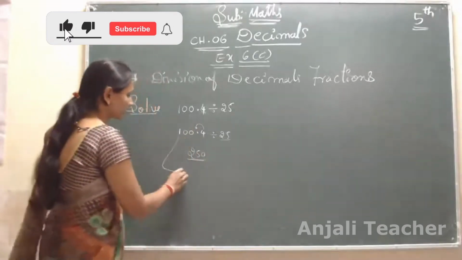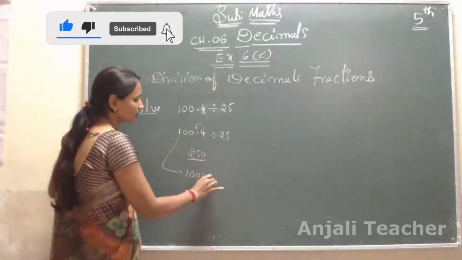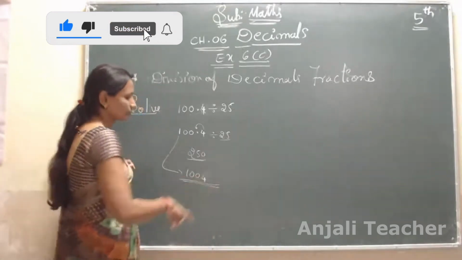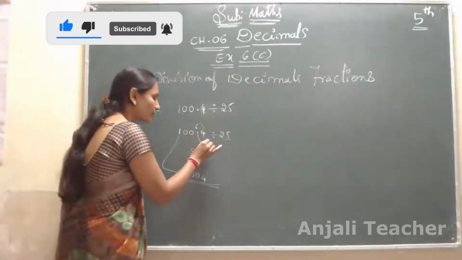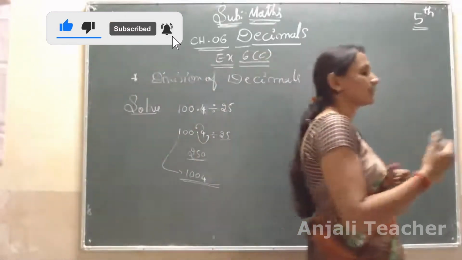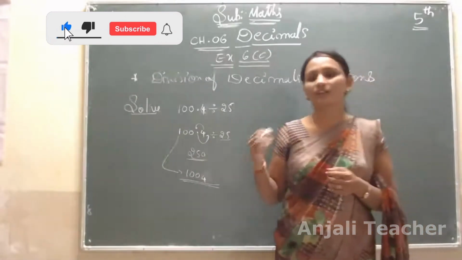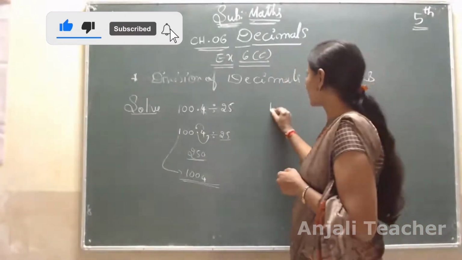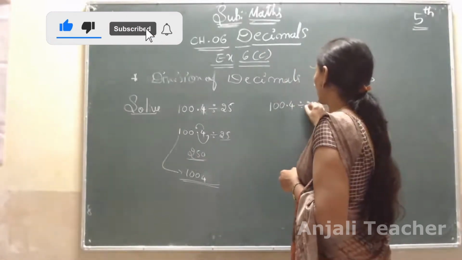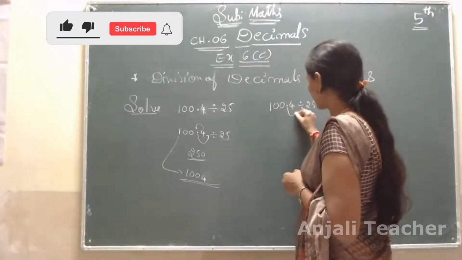So you write 1004, because the point is moving outside. When the point is moving, for here you take 0. So 100.4 divided by 25 means the point is moving.